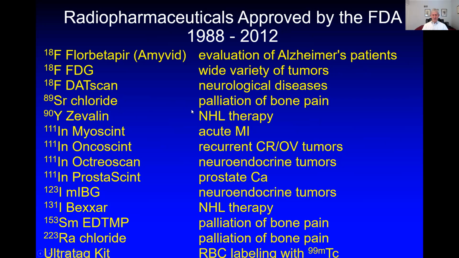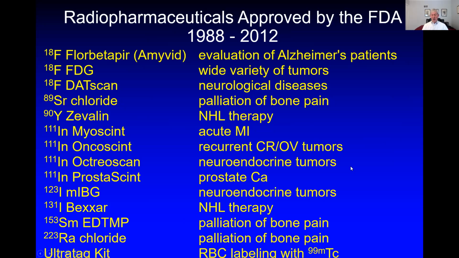Strontium chloride, samarium EDTMP and radium chloride are all approved for palliation of pain. Zevalin is for non-Hodgkin's lymphoma therapy. Myosint came and went, but it was good for acute MIs. There was a prostate cancer drug that's now off the market. Fluciclovine is what we would use today. It's not on this list. Needs to be updated.